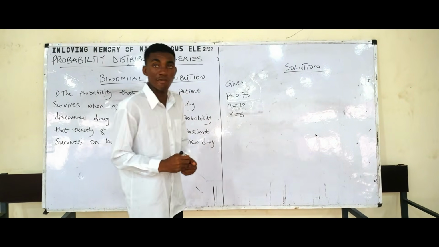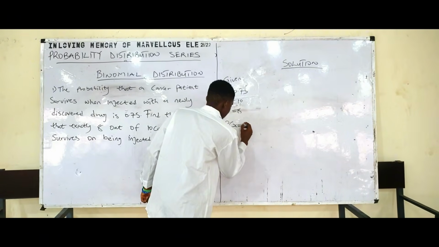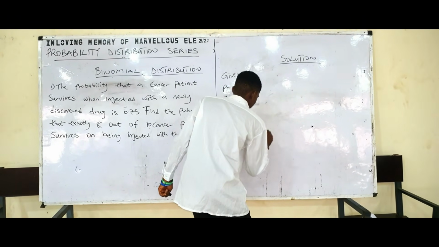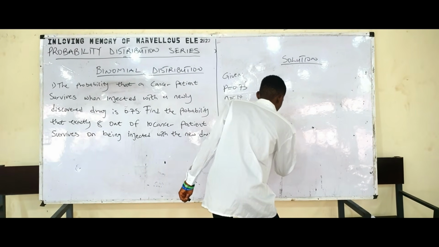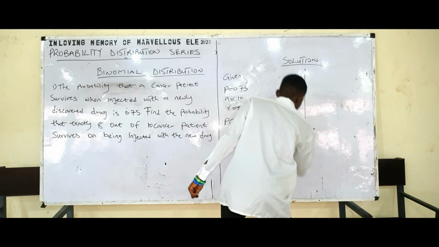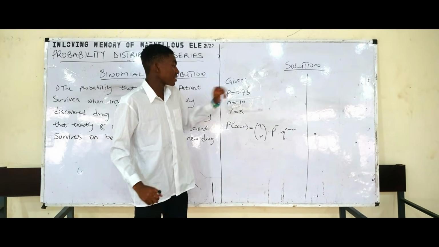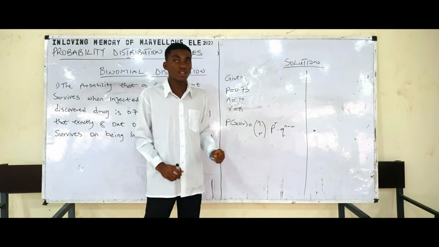What's our general formula for binomial distribution? P of X equals r equals the combination of n r, times p to the power r, times q to the power n minus r. We have our n, we have our r, we have our p, but we don't have our q.